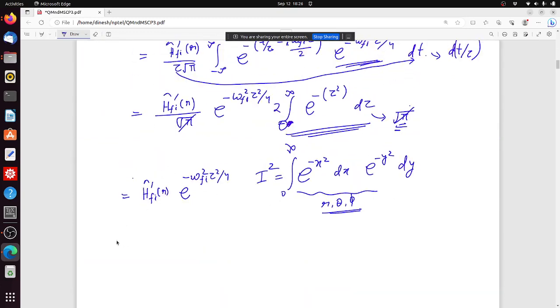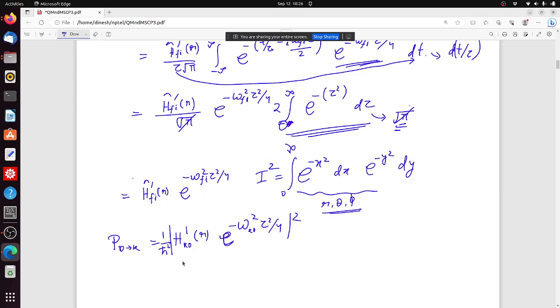So our probability of transition from 0th state to kth state will be h of f is k, our initial state is 0 of r, and e to the power minus omega k 0 square tau square over 4, mod square and divided by h cross square.